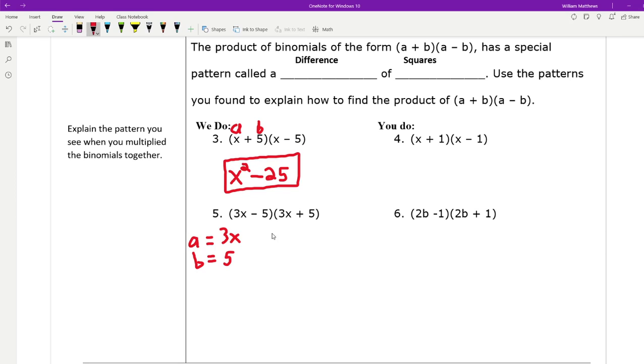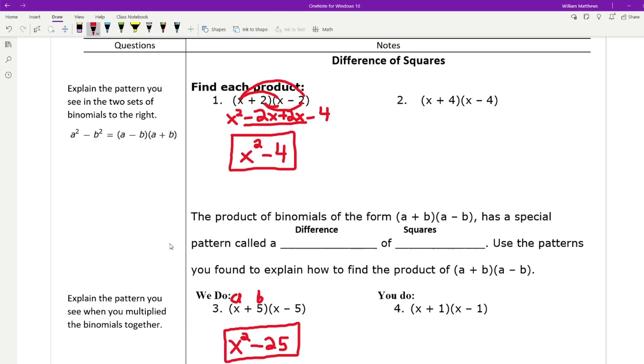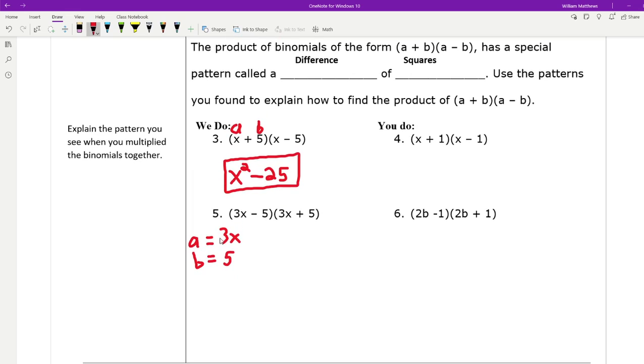So understanding this, showing it out, and following the same rule, I'm going to take a squared. I'm going to square the 3x. 3x squared will give me 9x squared. And then again, showing that I'm subtracting my b value, that is squared. 5 squared is 25.